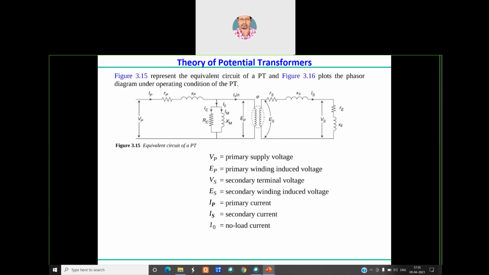So this is the theoretical electrical equivalent circuit of a PT, like we have drawn in the case of the CT as well. So I hope that you can appreciate these things very easily. We have discussed these things in a very detailed way under the head of ideal and actual transformer also.